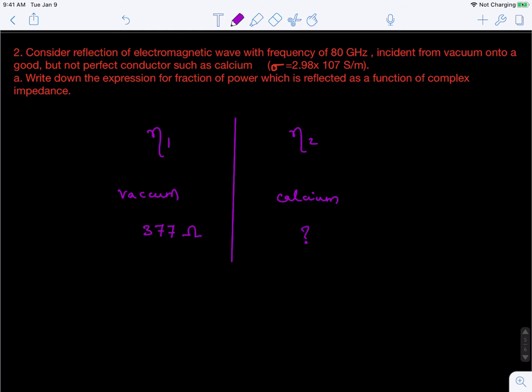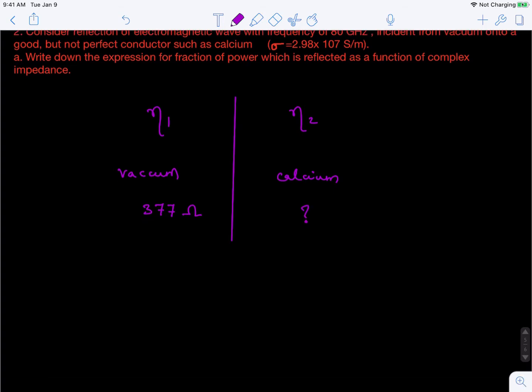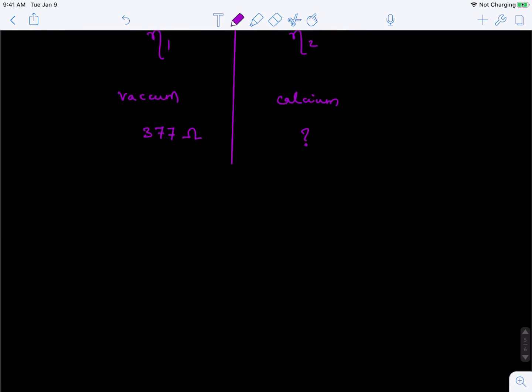We have to find what eta2 is, but more importantly, the expression for the fraction of power which is reflected. So basically we have to derive the equation R equals (eta2 minus eta1) divided by (eta2 plus eta1), whole square. Remember, this is the expression we used in the first problem.